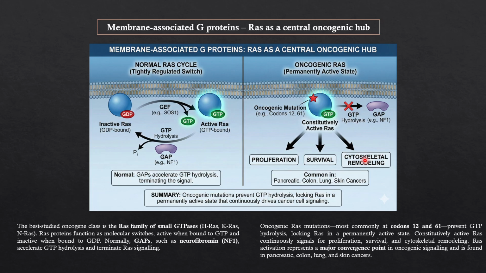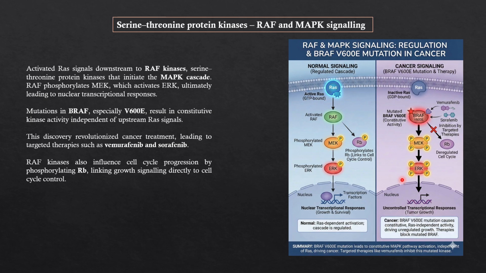Now there are the membrane-associated G proteins, where RAS is a central oncogenic hub. In the normal RAS cycle, it's a tightly regulated switch, whereas in oncogenic RAS, it's a permanently activated state. Oncogenic mutations prevent GTP hydrolysis, locking RAS in a permanently active state that continuously drives cancer cell signaling.